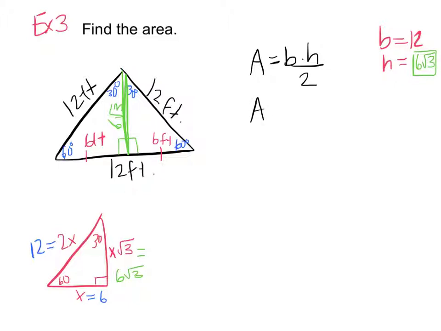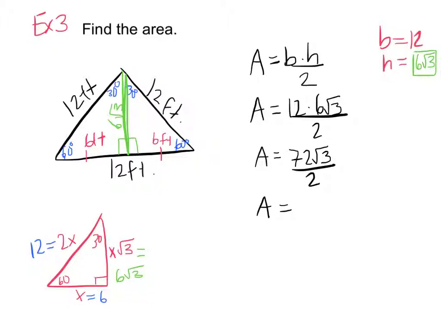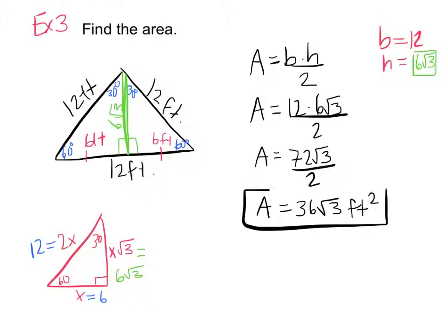We have everything we were looking for. The area is 12 times 6 square root 3 divided by 2. That means my area is 6 times 12, that's 72 square root 3 divided by 2. Or, if you simplify 72 and 2, that would be 36 square root 3 feet squared.